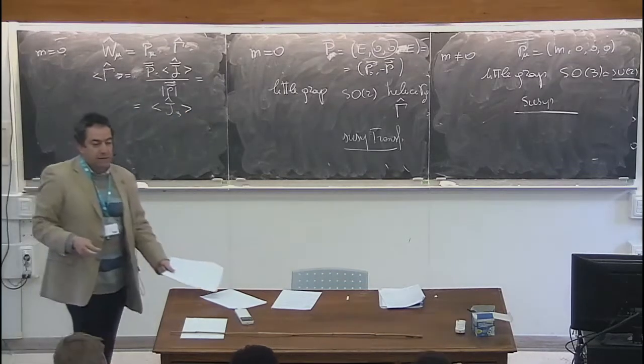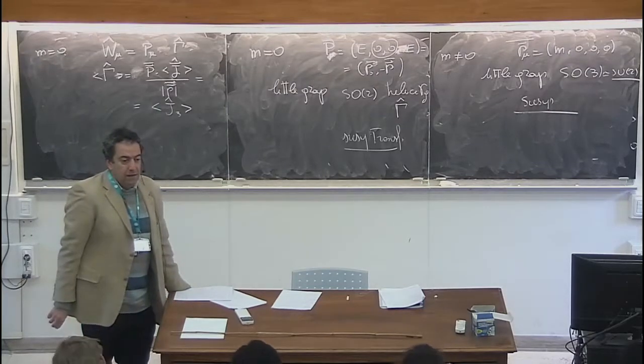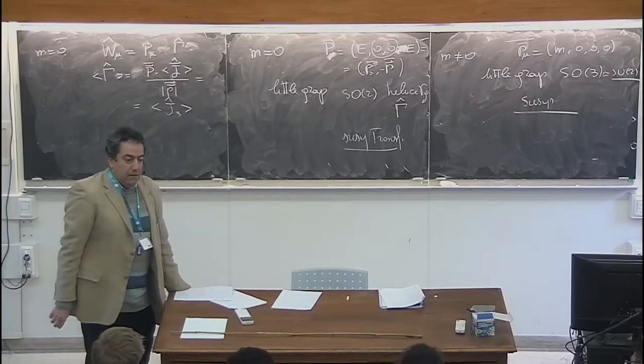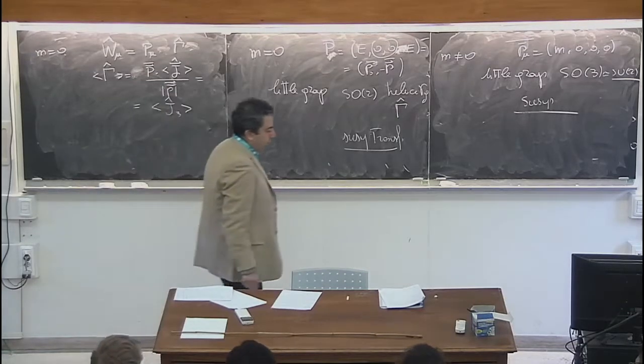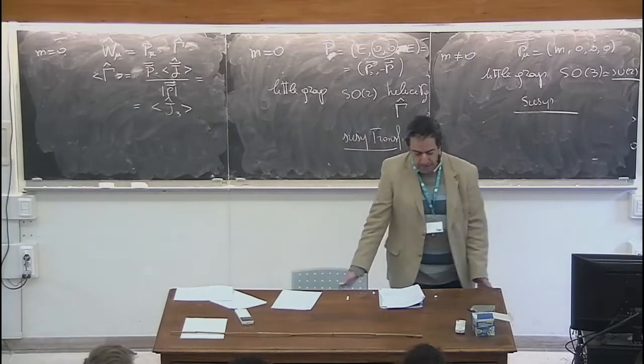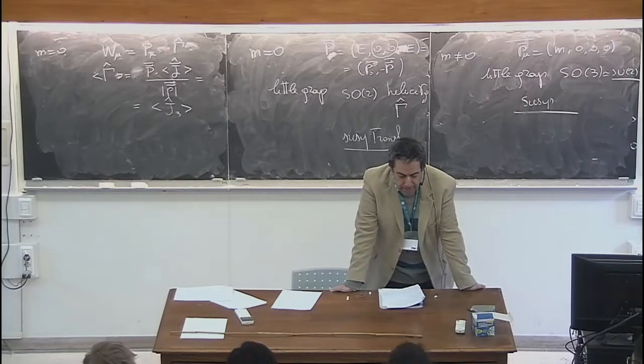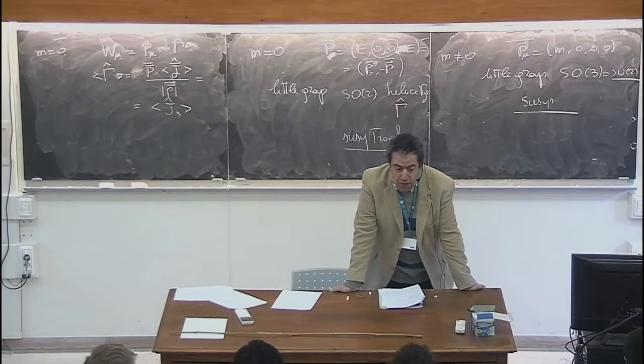Why are we considering just SO2 instead of ISO2 for the little group? Because this is standard in the construction of these representations. ISO2 consists of SO2 plus 2 nilpotent generators. Now, if you assume these nilpotent generators to act non-trivially on the states, you're going to end up with infinitely many states. You don't want that.